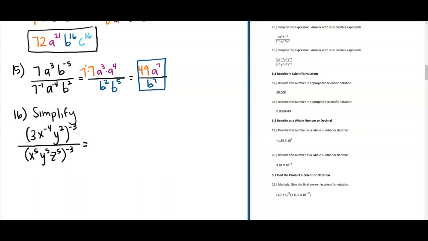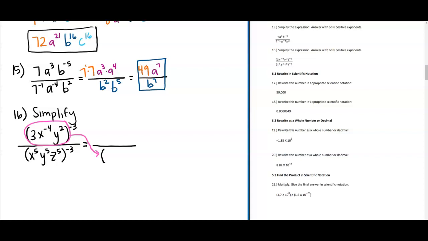So since this whole top here is being raised to a negative exponent, I could put all of that downstairs. Let me make my little fraction here. I could put that all downstairs, and then this outside exponent would now be a positive 3, but the stuff inside still stays the same.